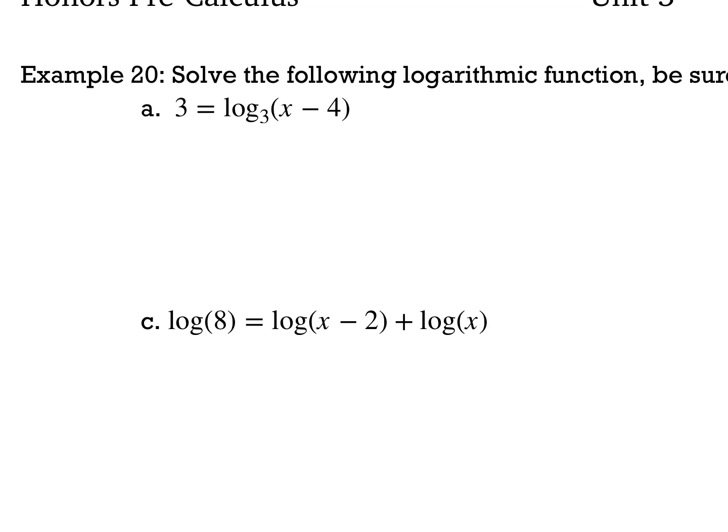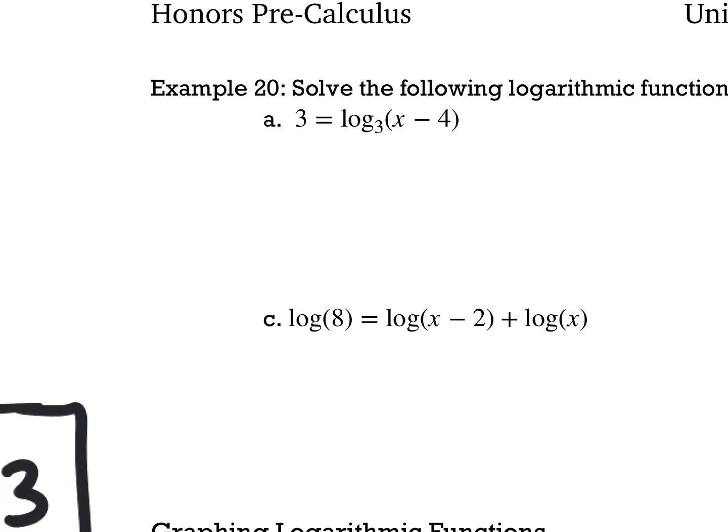All right, so this is my favorite type of problem to approach with logarithms, and all we are going to do is rewrite as an exponential. What does that mean? Well, this 3 here will become the base. This 3 becomes the exponent. Let me color code those differently so you can see which is which. Now, what we're doing effectively is saying 3 to the third equals 3 to the log base 3 of x minus 4.